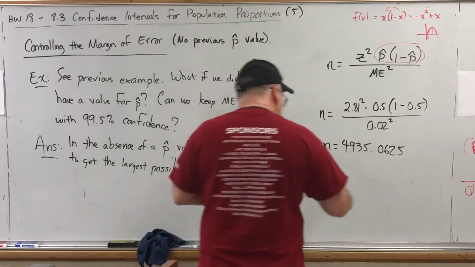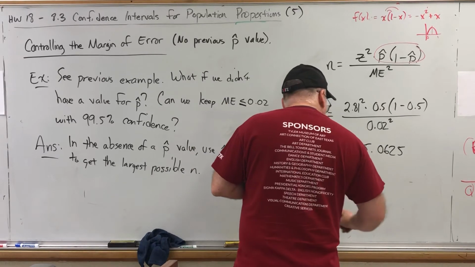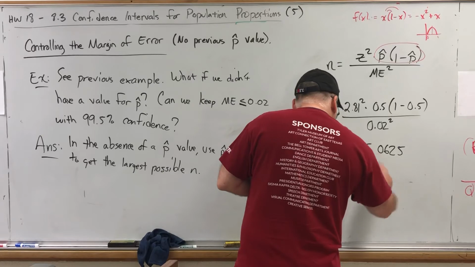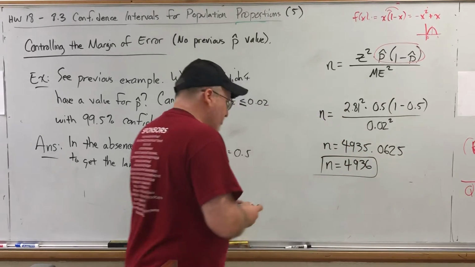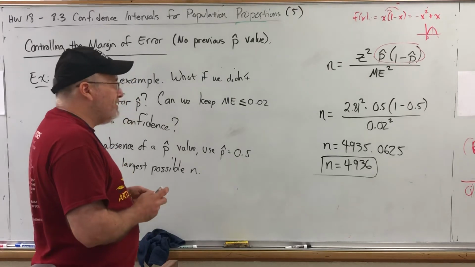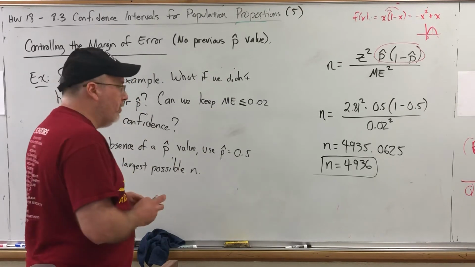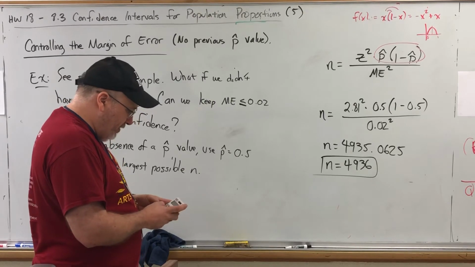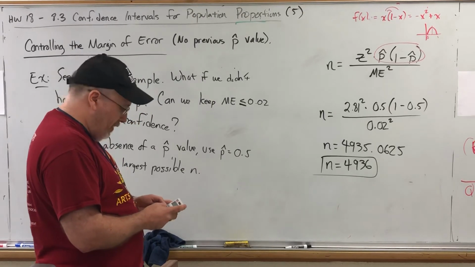And so we always round up. So we would round it up to 4,936. That's the smallest sample size we would need to keep the margin of error under control. I don't recall what the previous value was in the previous video. I'm pretty sure it was smaller than that.